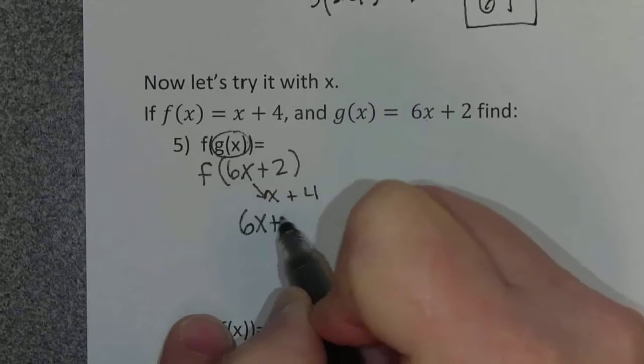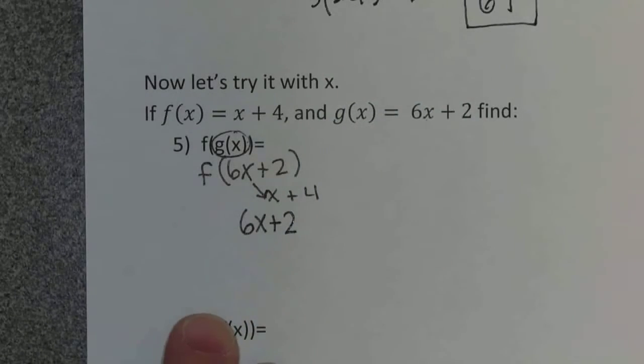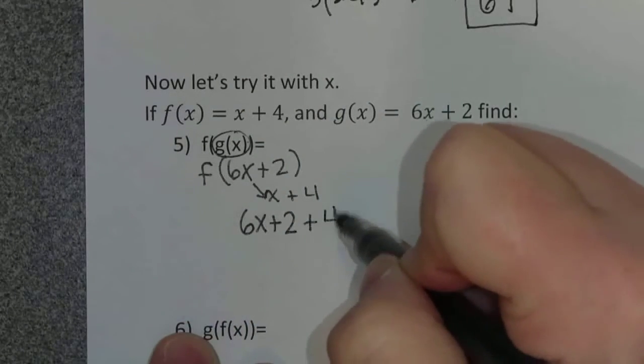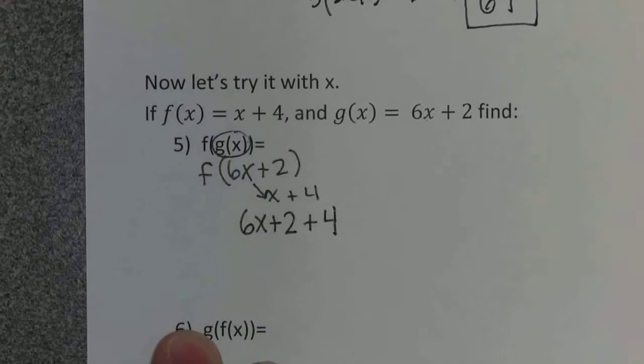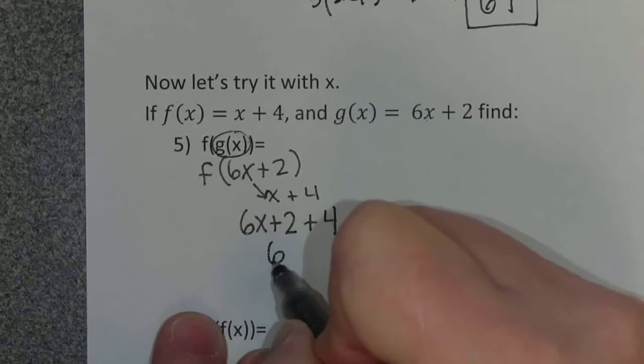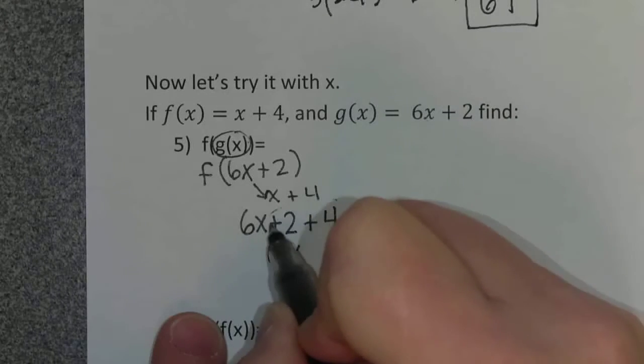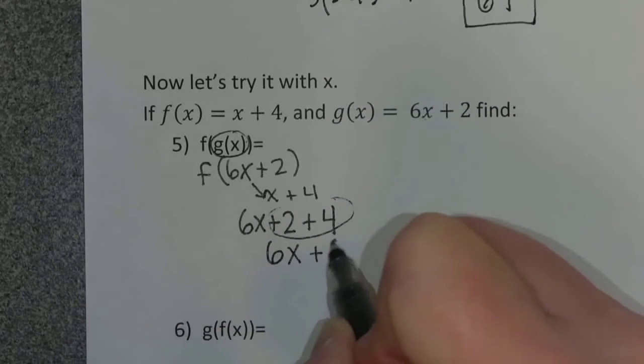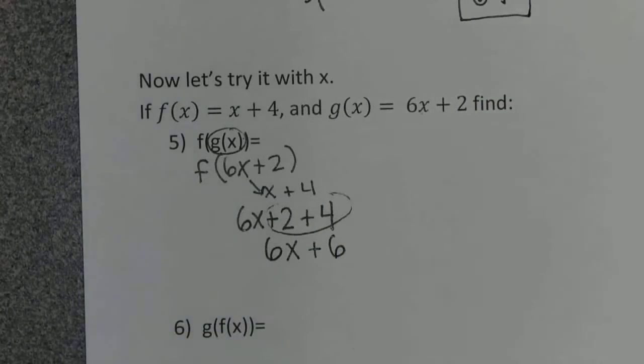So I have 6X plus 2 that I'm substituting in place of the X, and then I would have plus 4. So my answer is going to be 6X, combine your like terms here, plus 6. Okay? Yeah, that's a lot of 6s.